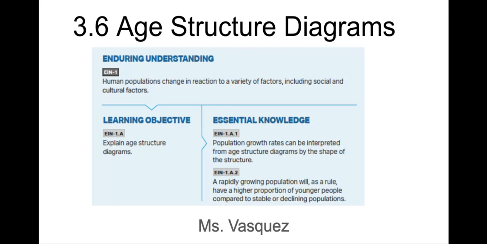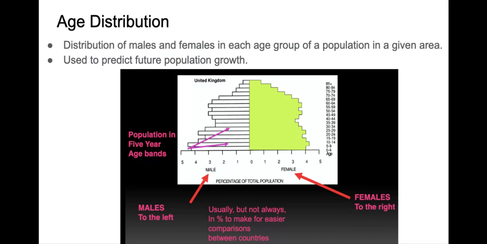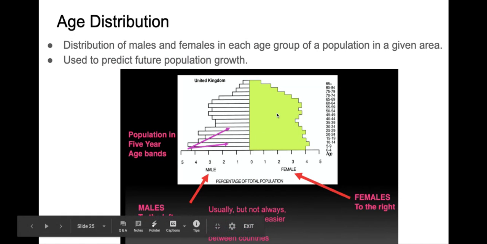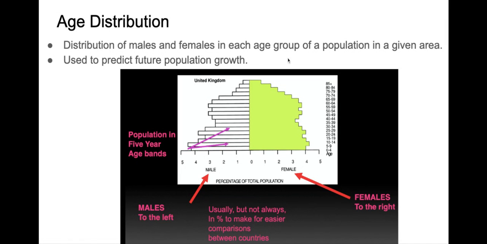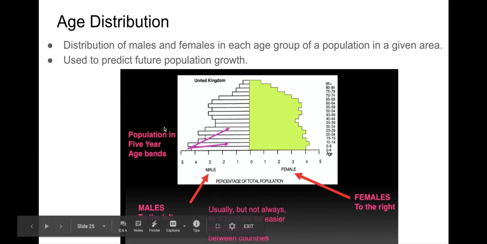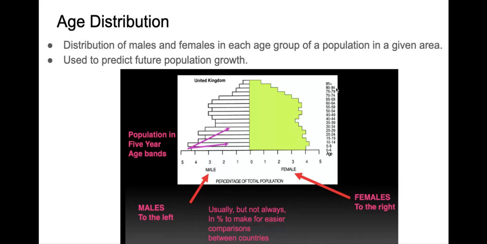Okay, so the age structure diagrams, you've probably seen them as well, will show the distribution of males and females at each age group in a population in a given area. It could be a country, a region, or a continent, depending on the study that you want to do. It's going to tell you the different bands of the population. Usually it takes 5 years in between, so as you can see on this side, you can see the ranges of age.